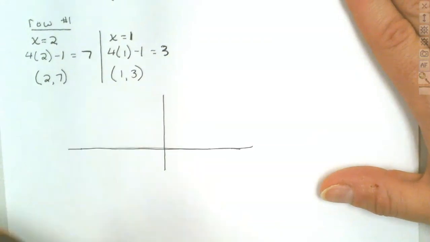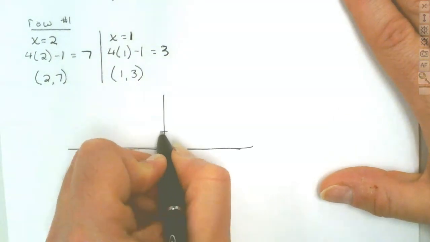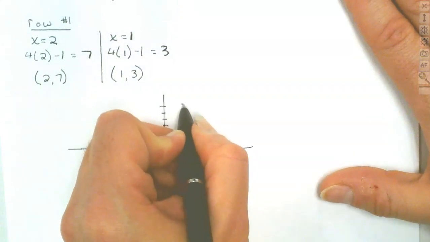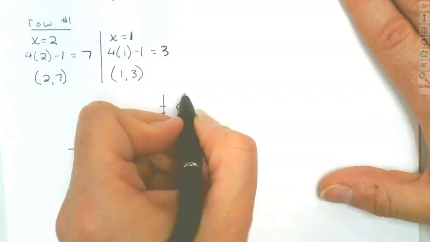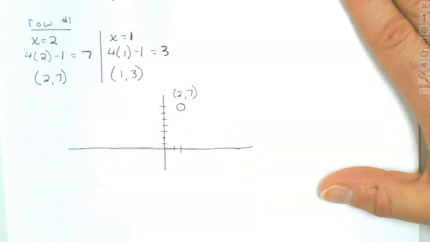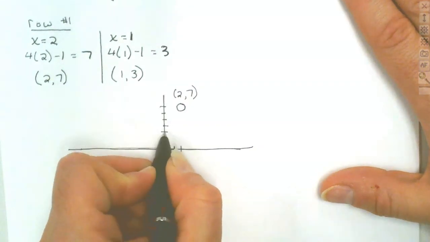So 2, 7 is over 2 and up 7. 4, 5, 6, 7. So 2, 7 is right here with an open circle. My next point is 1, 3. So it's over 1 and up 1, 2, 3.